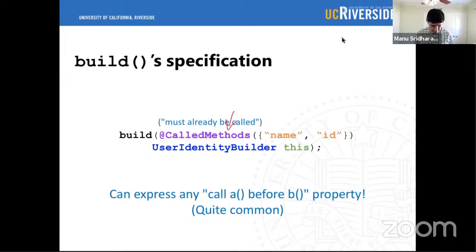And so this checker is actually quite general, and we're continuing to explore what other interesting properties we can check with this technique.